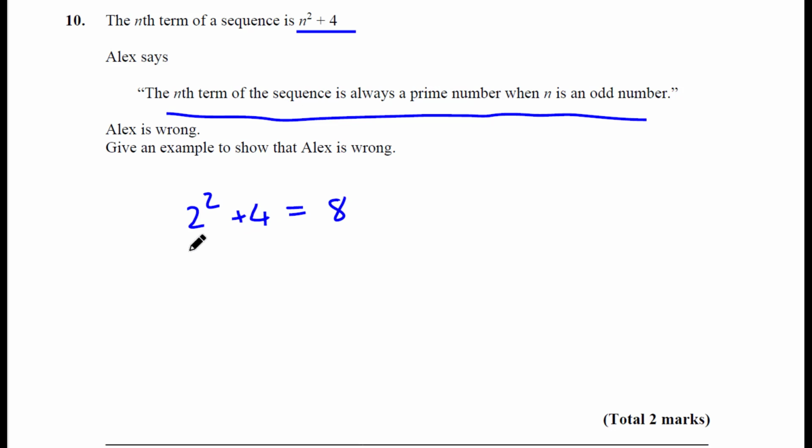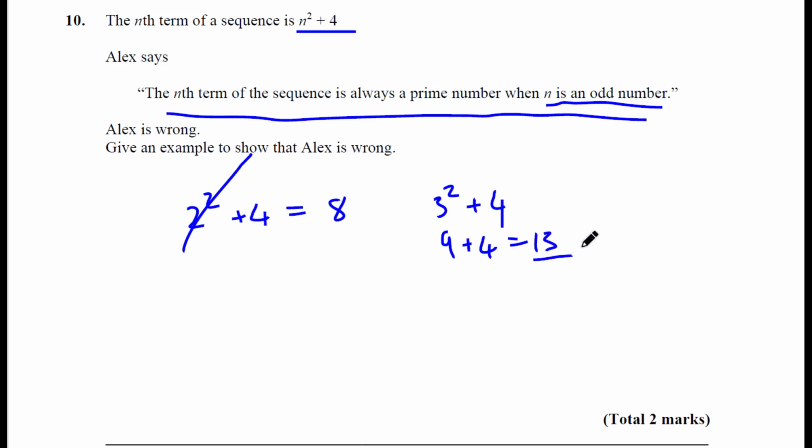Now, I'm going to show you can't do that, because it does say when n is an odd number. So just try an odd number. Just write one down so you've done a trial. So 3 squared add 4, 9 add 4 equals 13.